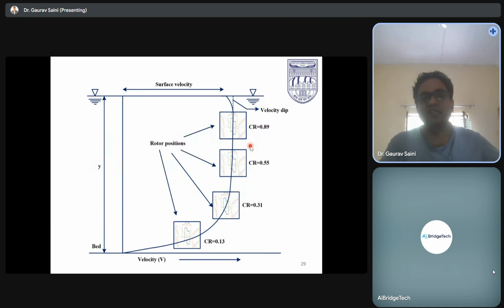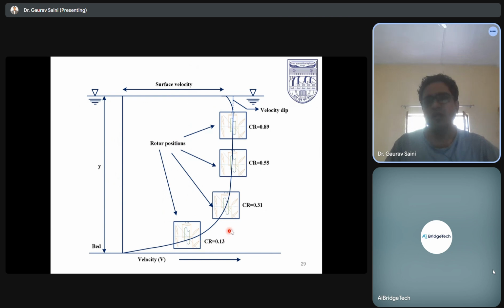Here are the placement parameters. Suppose this is the velocity profile of the water; in this profile, at what locations we have to put our rotor to get the maximum power generation.